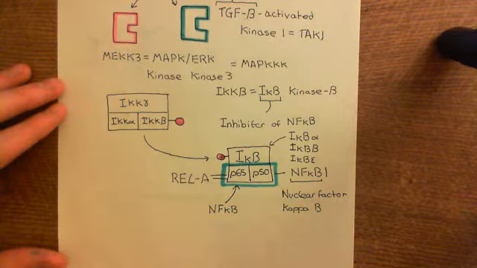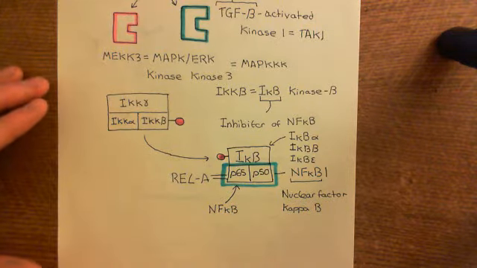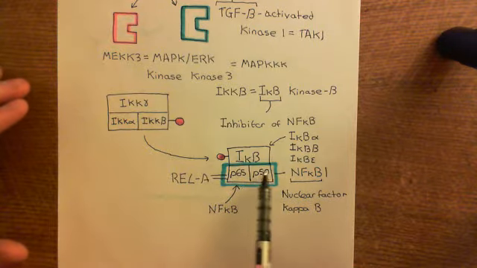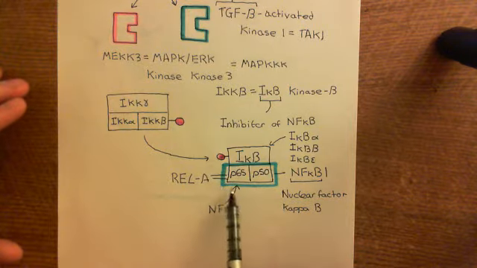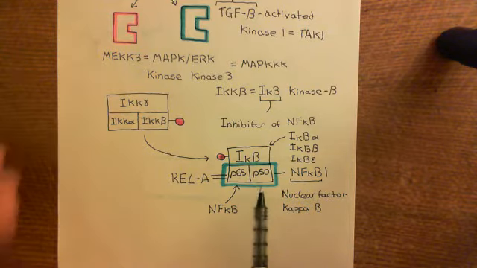So the phosphorylation is going to trigger ubiquitination, and when you get the inhibitor of NF-kappa B ubiquitinated, then that will be targeted for proteasomal destruction, and that's what triggers the dissociation of the inhibitor of NF-kappa B from this NF-kappa B dimer here.